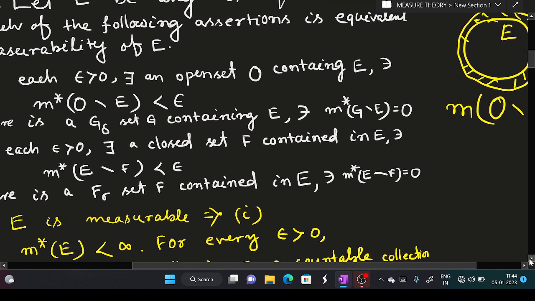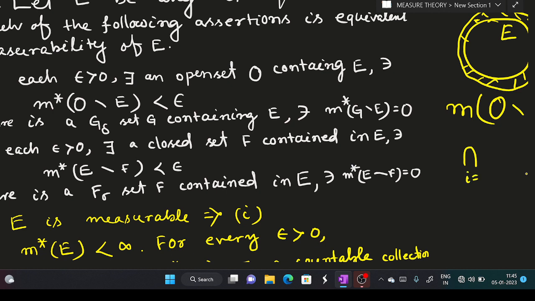A G delta set is a countable intersection of open sets. I have a countable number of open sets, and their intersection gives me a G delta type set, which is measurable according to an earlier result already discussed.